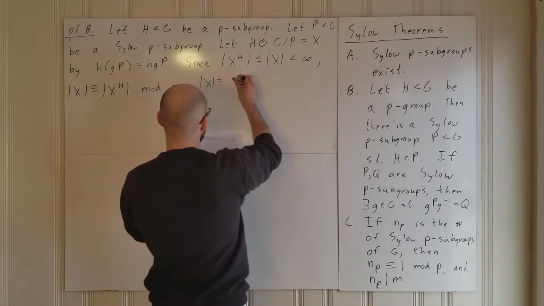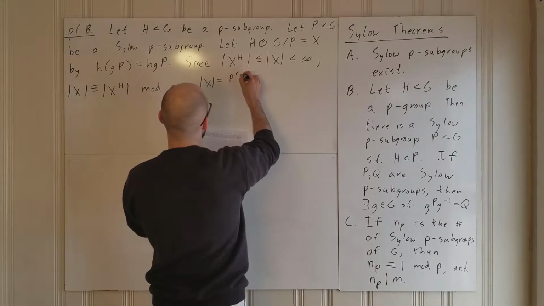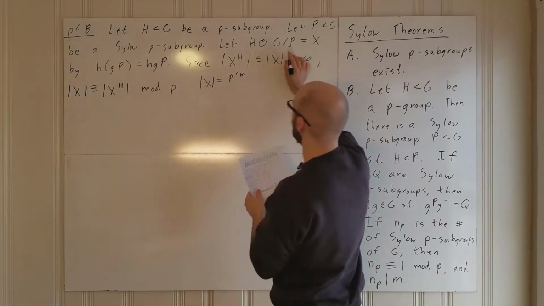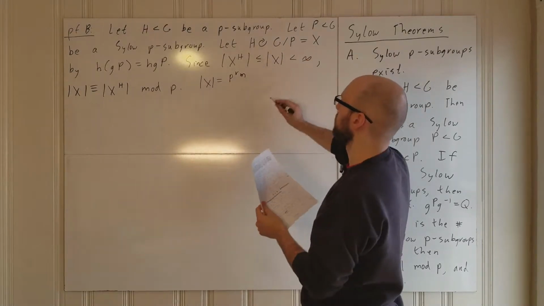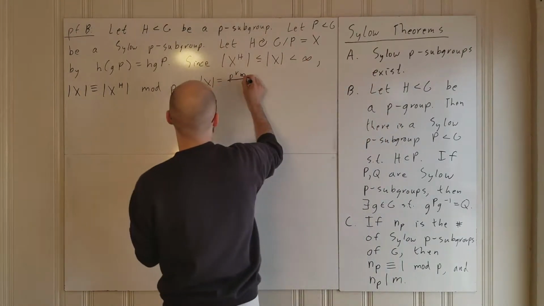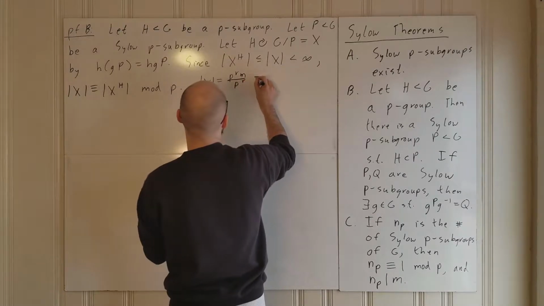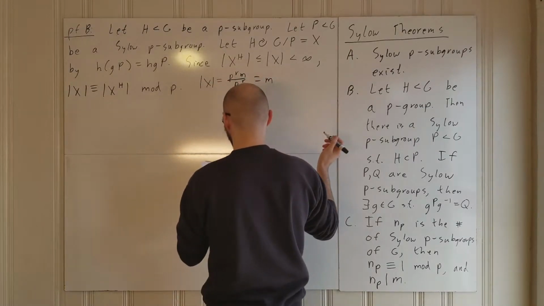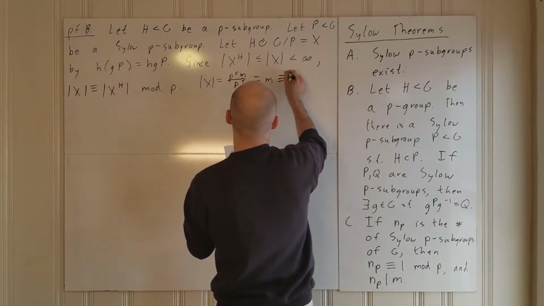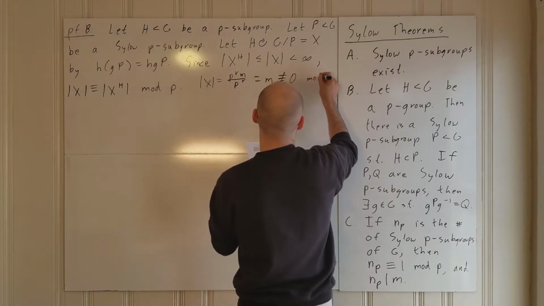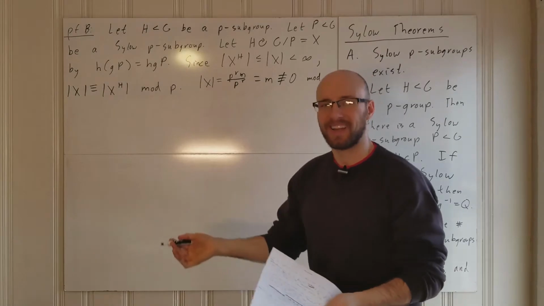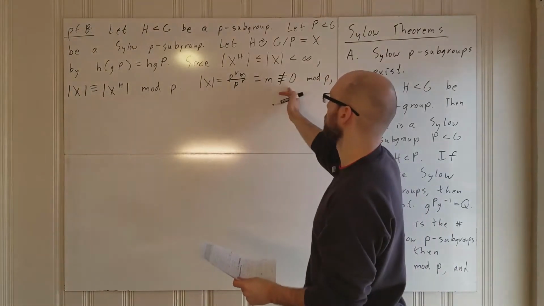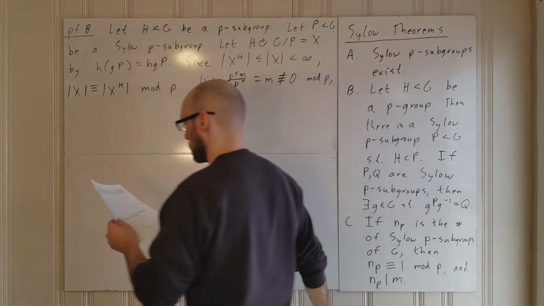The size of X equals p to the r m over p to the r, because it's G mod P, and so it's the order of G divided by the order of P. The order of G is p to the r m, the order of P is p to the r, and this is just m, which certainly is not equivalent to 0 mod p, because if it were, then p would divide m.